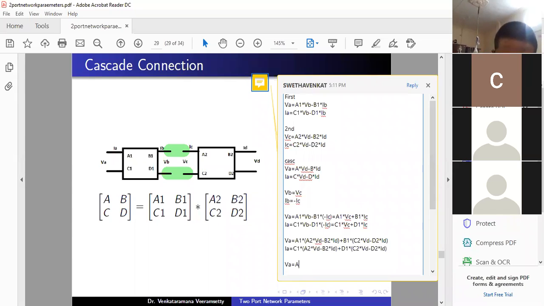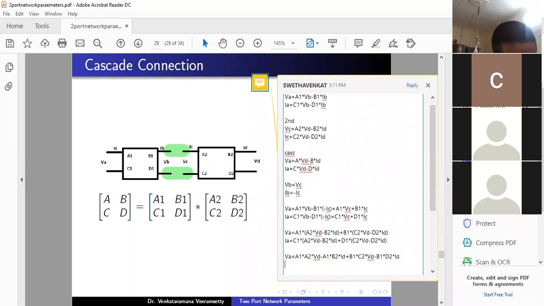A1 into A2 multiplied by VD minus A1 multiplied by B2 multiplied by ID plus B1 multiplied by C2 multiplied by VD minus B1 multiplied by D2 multiplied by ID, right?